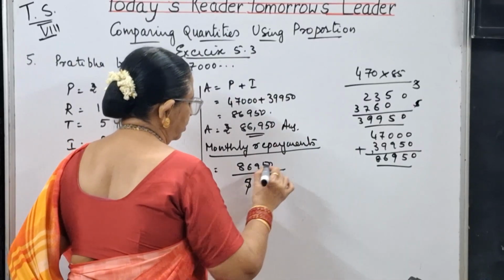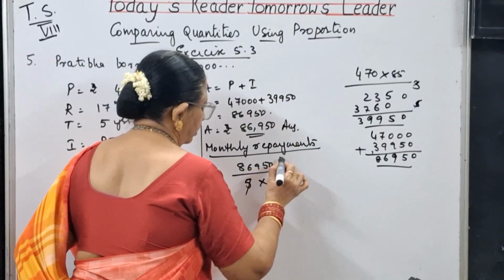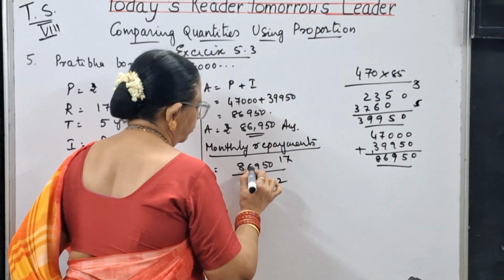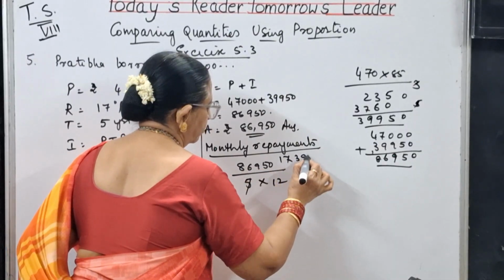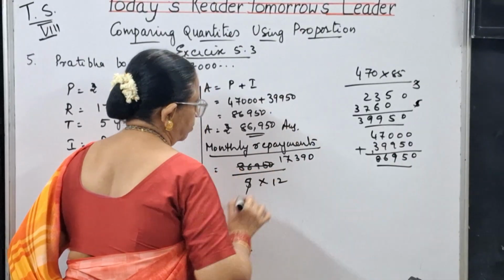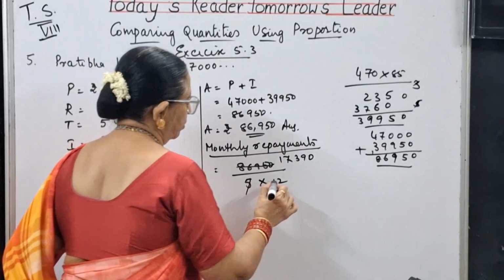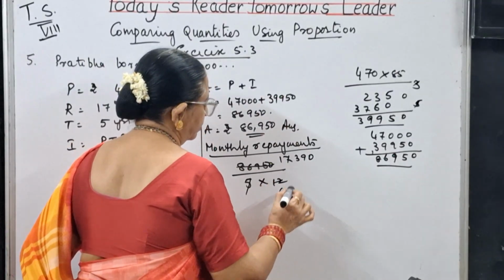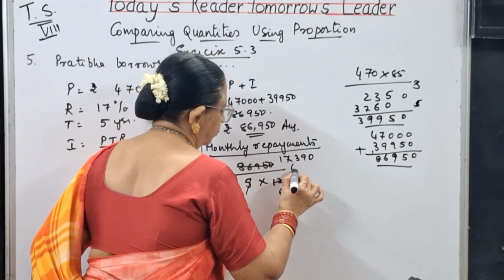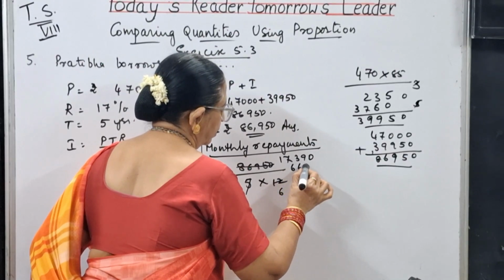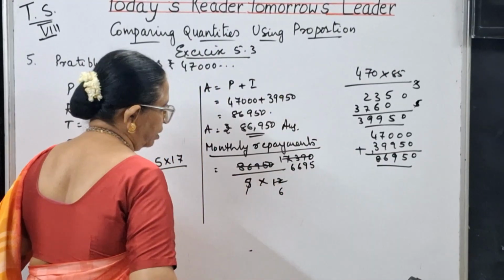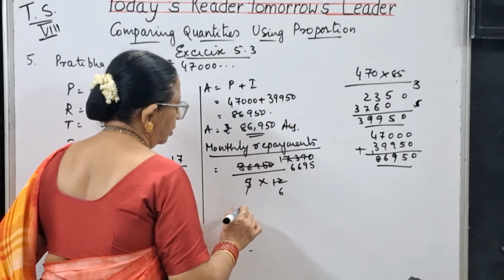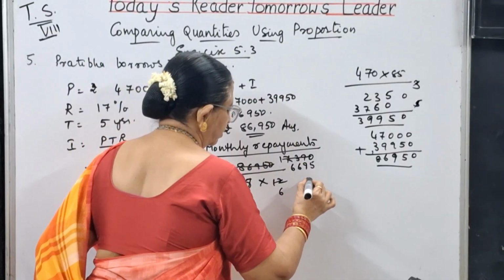So 5 ones are 5, 5 sevens are 35, 5 threes are 15, 5 nines are 45, 0. Now 12. So how much are you getting, children?